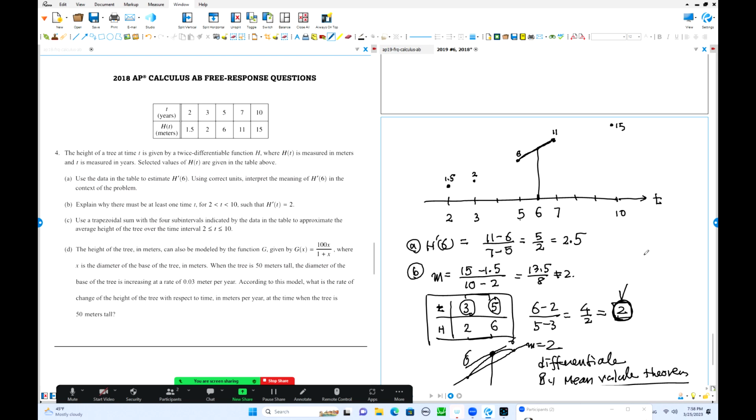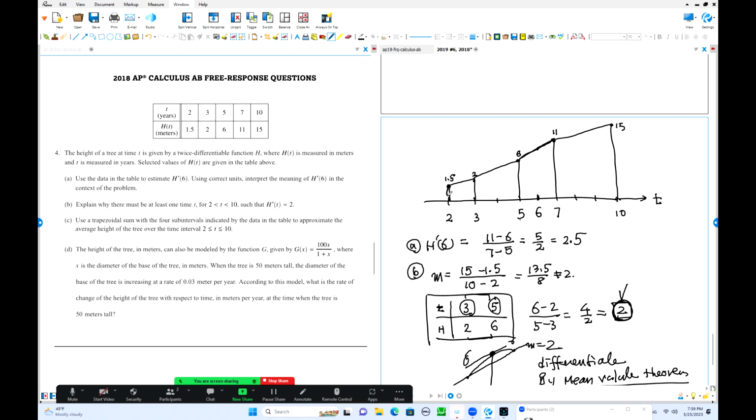Using trapezoidal approximation, okay? So you can make a trapezoid here, one trapezoid, two trapezoids. I'm going to delete this one. This is 3 trapezoids. This is another, 4 trapezoids. Now let's find this trapezoid.